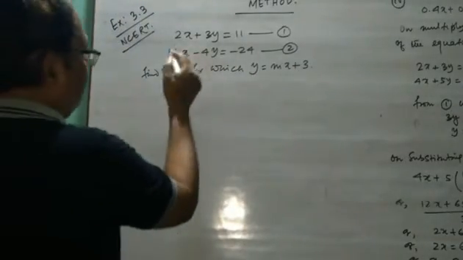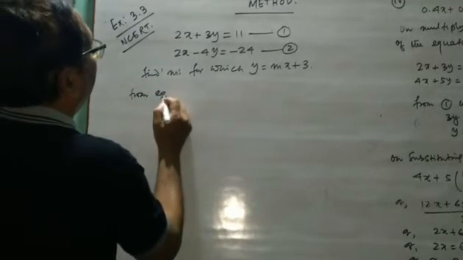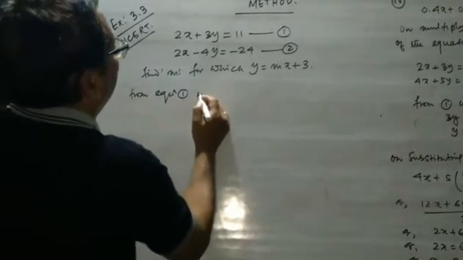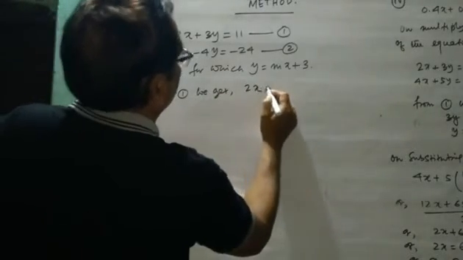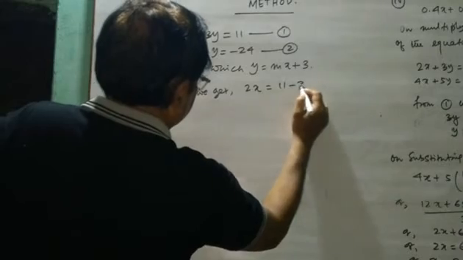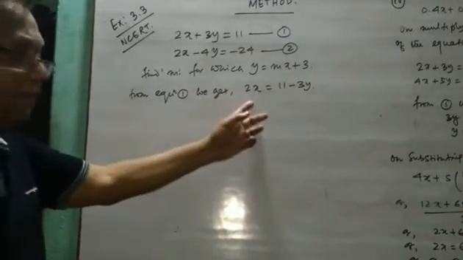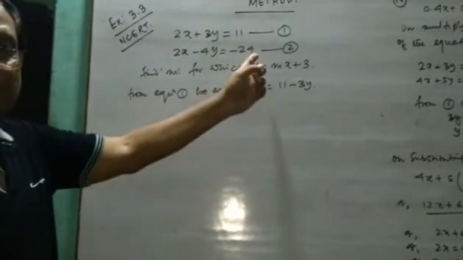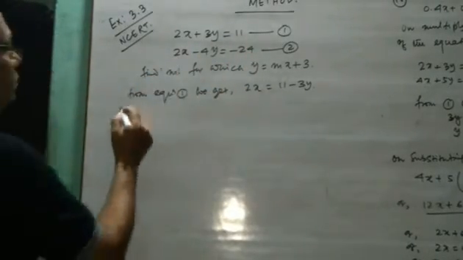Okay, let's see. From equation 1, we can write like this: 2x equals to 11 minus 3y. Now this value, 2x equals to 11 minus 3y, we will substitute in equation number 2.